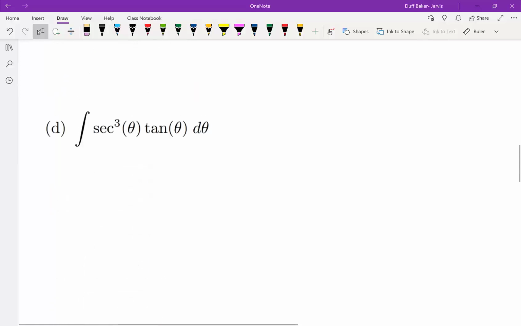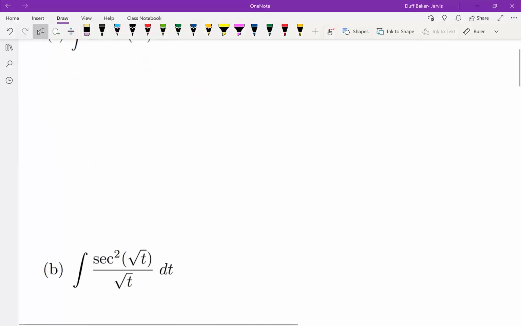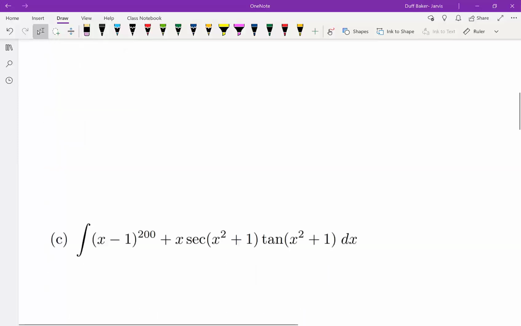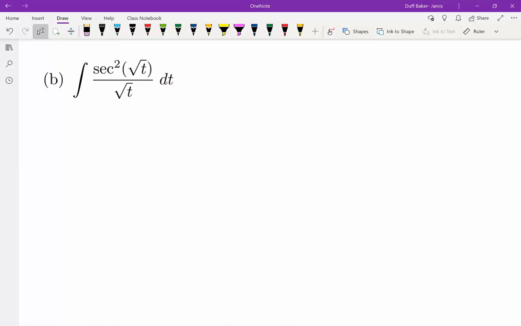Let's maybe try one more example. Just try this one. Why don't you guys take a couple minutes and try to do this one. I'll give you a hint. It's u substitution.